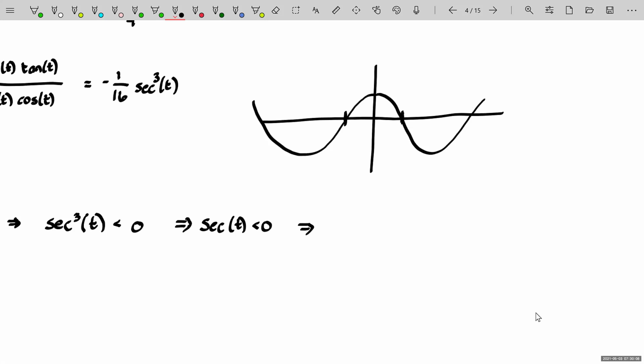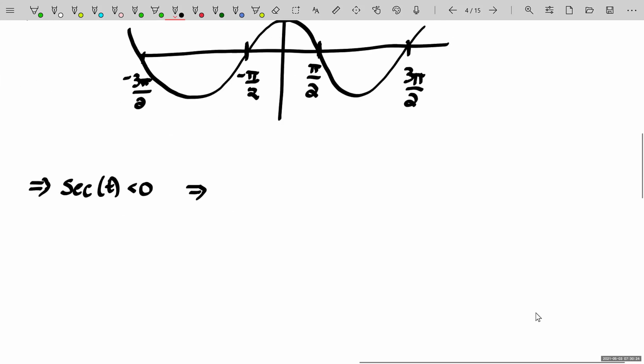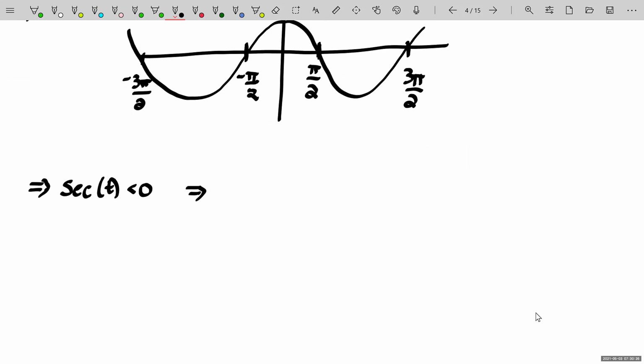You can see it goes less than 0 from pi over 2 to 3 pi over 2, from negative pi over 2 to negative 3 pi over 2. So if they restricted the quadrants, it would be a little bit easier to answer this question.